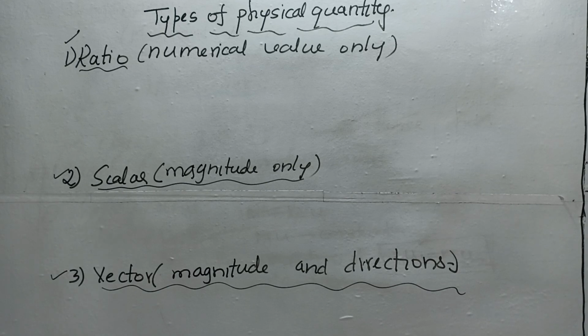What is actually ratio? Ratio is when a physical quantity is a ratio of two similar quantities. It has no unit. When a physical quantity is the ratio of similar quantities, then you will get a unitless physical quantity. For example, the relative density.